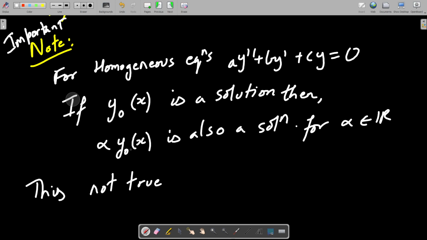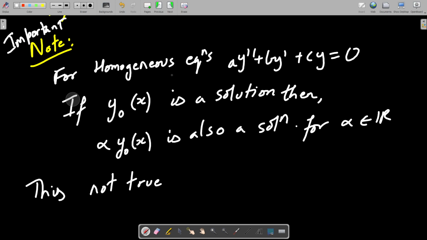How do I know that this is a solution? If you substitute it in the equation, it still becomes true. Just substitute alpha y naught. You get a times alpha y naught double prime of x plus b times alpha y naught prime of x, plus c times alpha y naught of x.